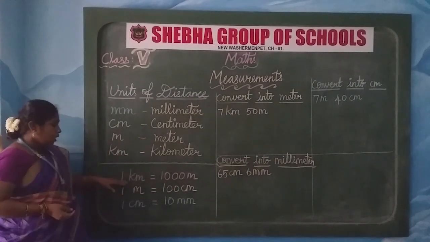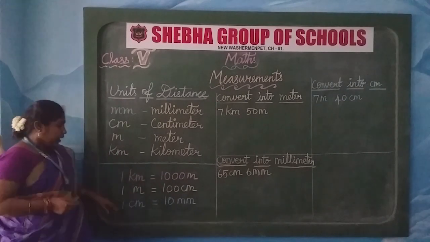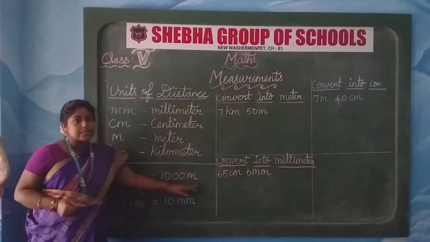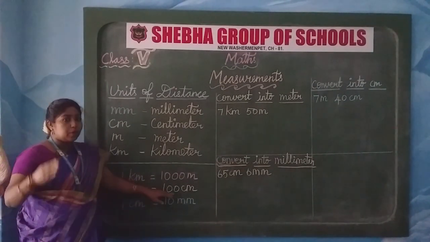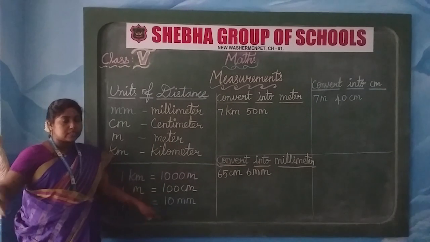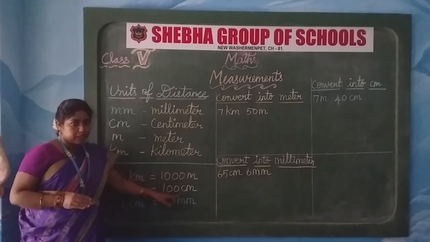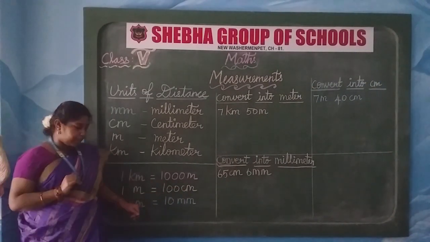So 1 kilometer equals 1000 meters. Likewise, 1 meter is divided into 100 equal parts, each in centimeters. So 1 meter equals 100 centimeters.